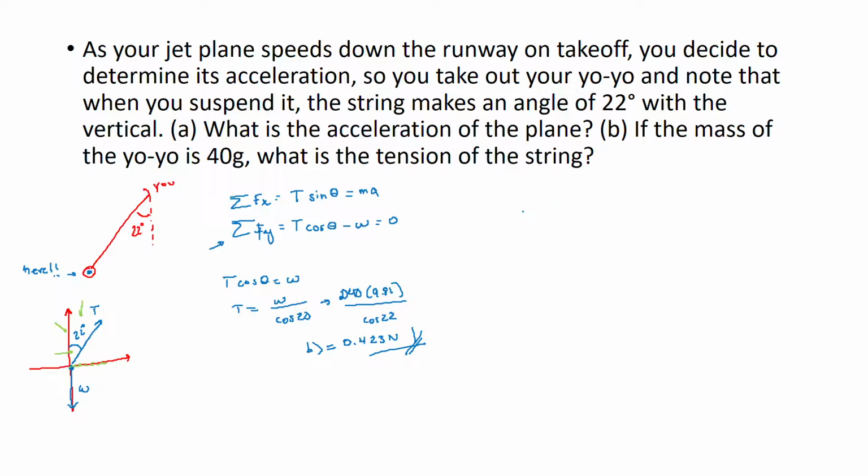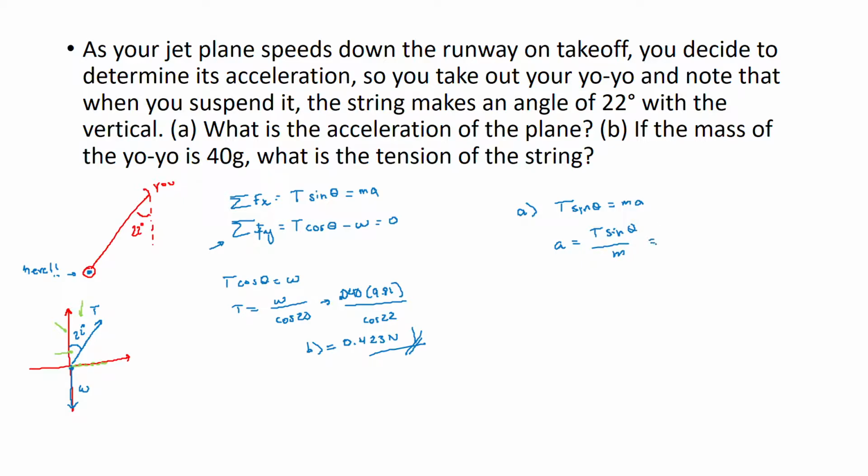For part A, you need to know the acceleration. We can get it easily from the first equation. Because we know that tension times sine of theta is equal to mass times acceleration, from there we solve for the acceleration. That's going to be T sine of theta over the mass.